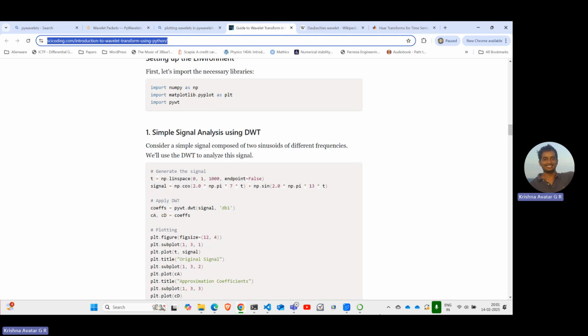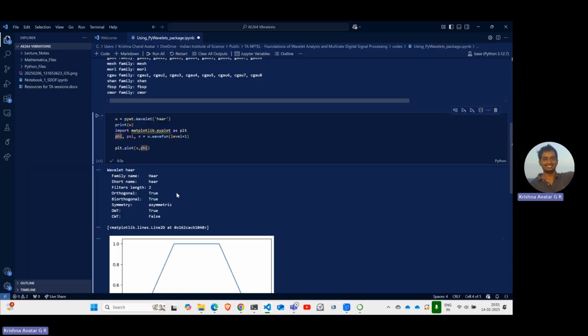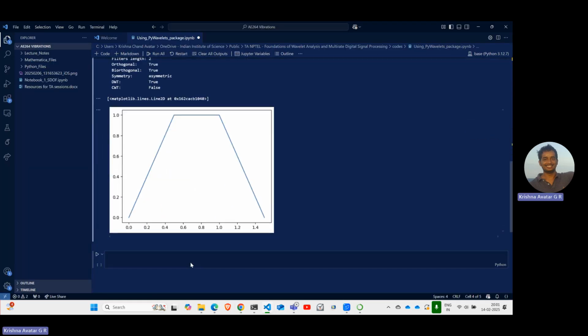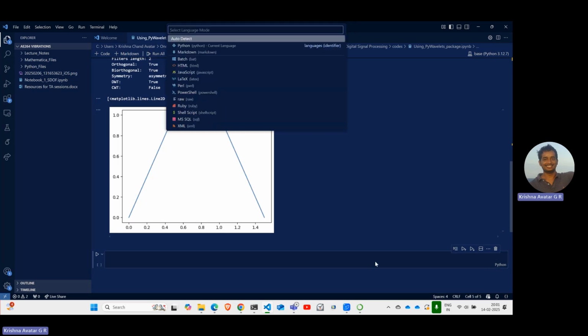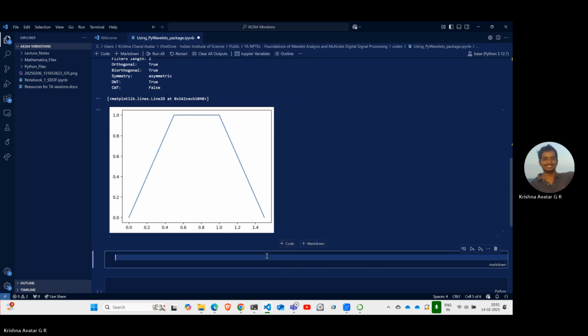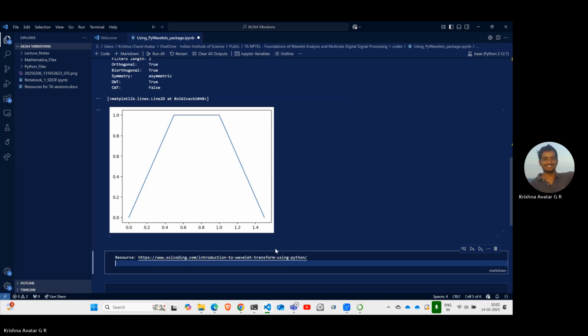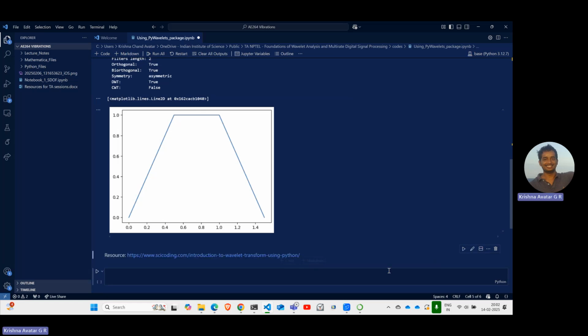This is a very nice resource, it seems. So I'll just create one new. So I'll say that resource. First, markdown version. So this is the resource. When you run it, this is how you get.